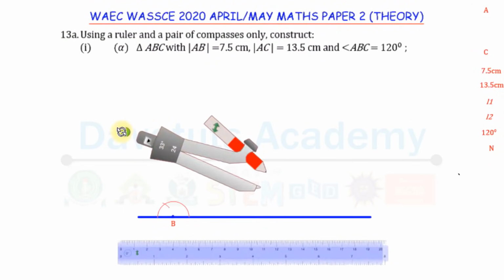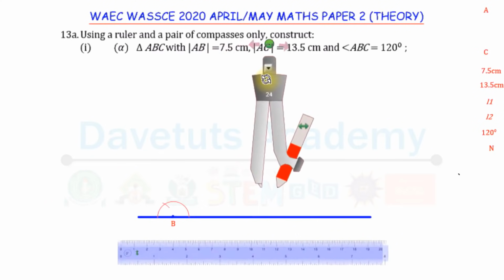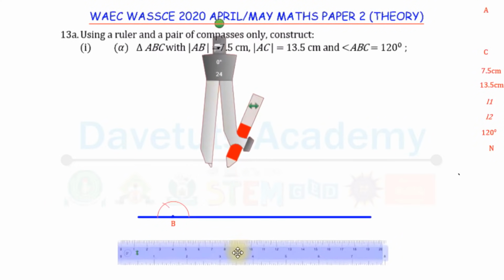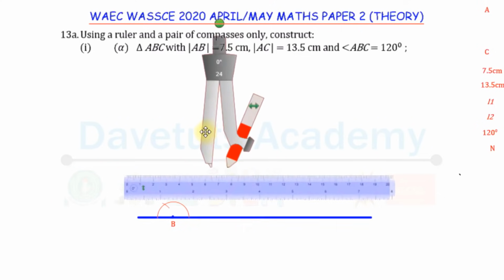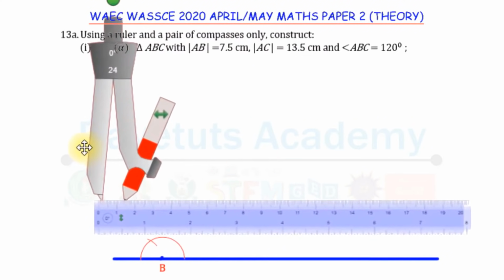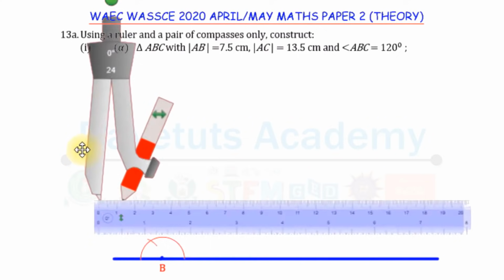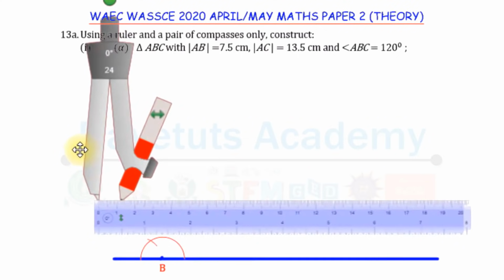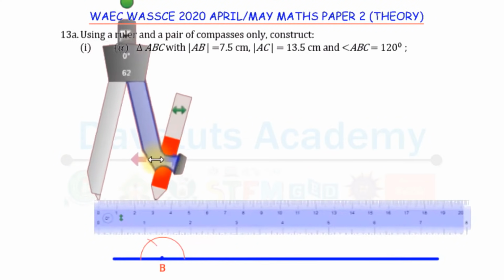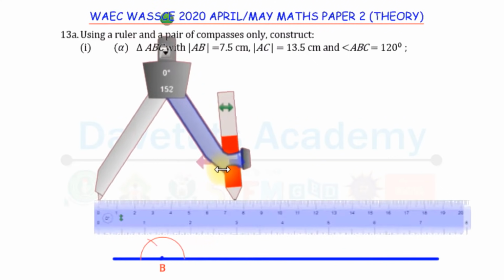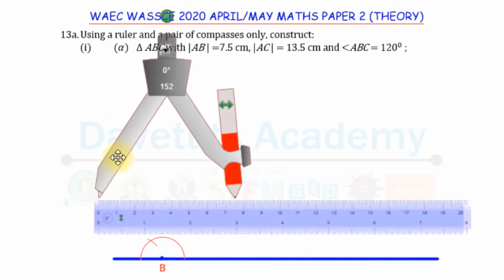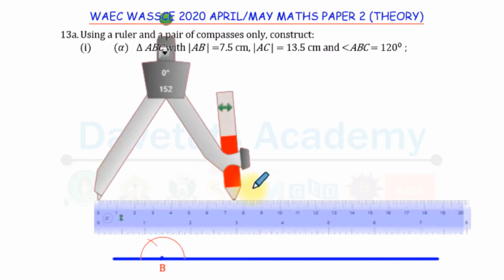We want to mark off the line AB, and AB we are told should be 7.5 centimeters. So to do that, we just need to bring in the ruler and then mark off 7.5 centimeters on the ruler. So if we go to the starting point of the ruler and we extend that to 7.5, just try as much as possible to be accurate.